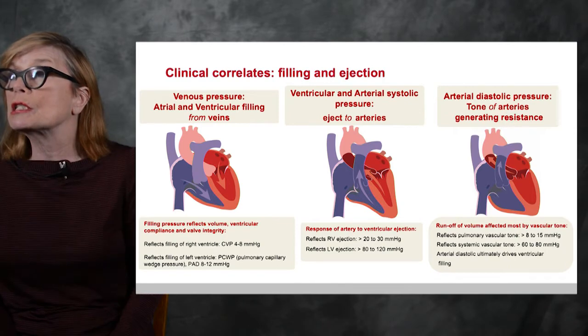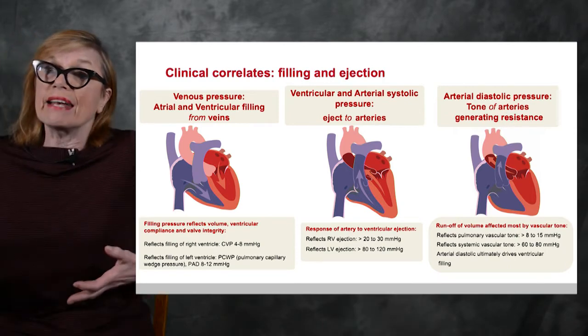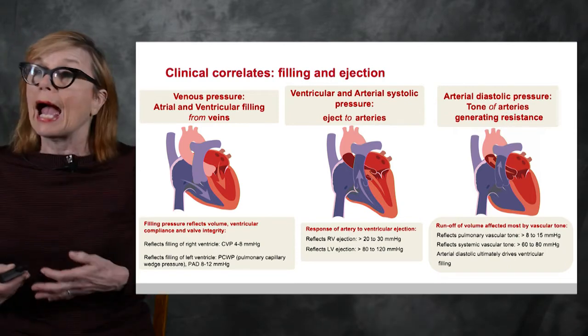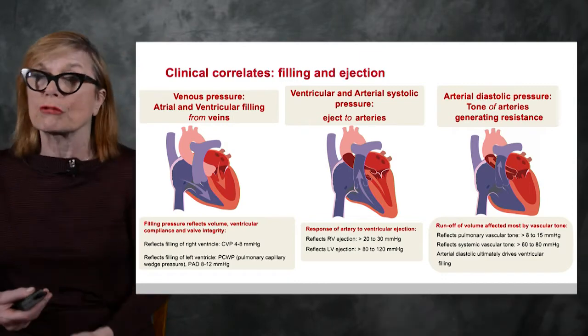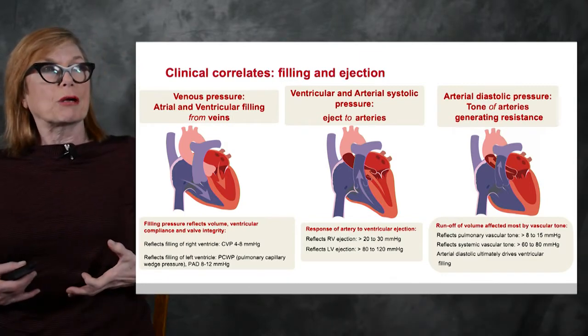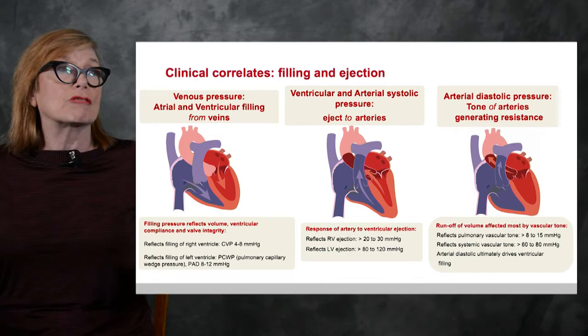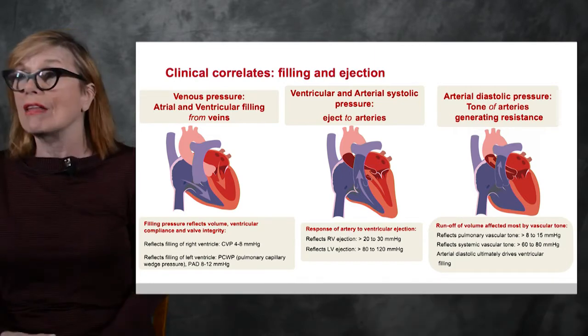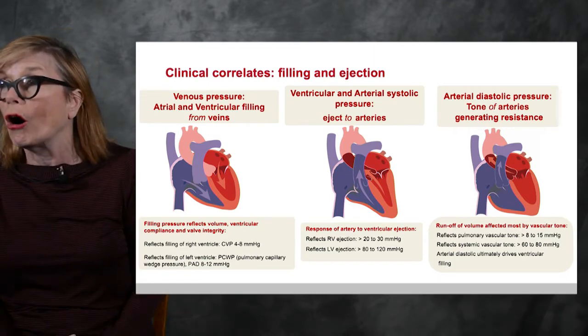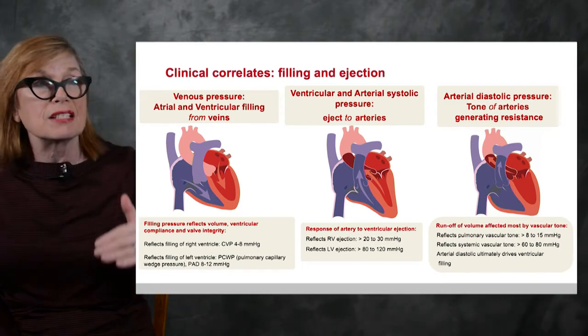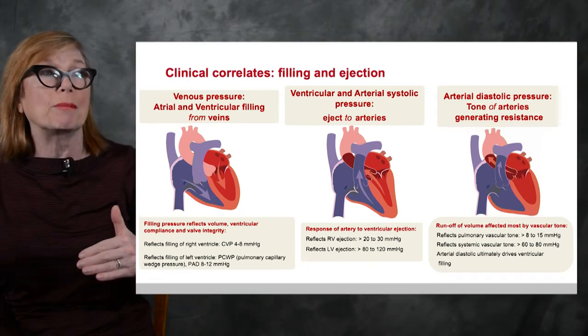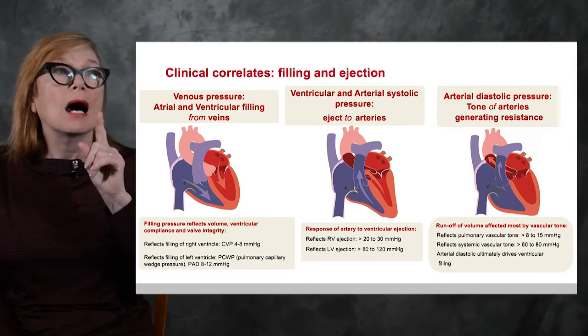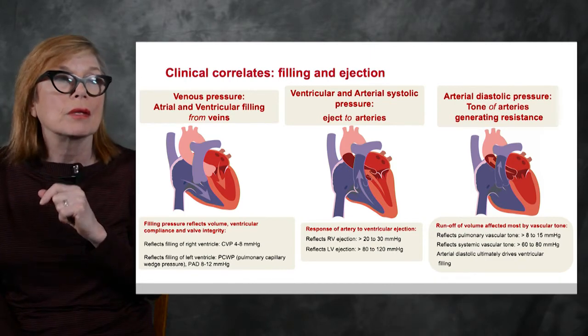If I have a patient who is spontaneously breathing, that negative pressure in the thorax actually will drop their central venous pressure because the negative pressure in the thorax dilates the ventricles and dilates the veins and arteries. So what we can see is that pressure reduces when the patient is taking only a spontaneous breath.